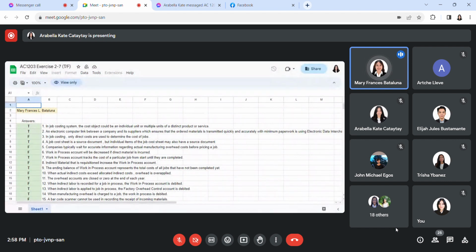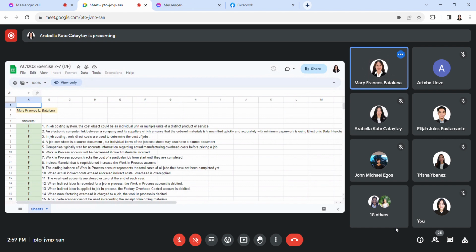Number 3, in job costing, only direct costs are used to determine the cost of jobs. My answer is false. Number 4, a job cost sheet is a source document, but individual items of the job cost sheet may also have a source document. True.